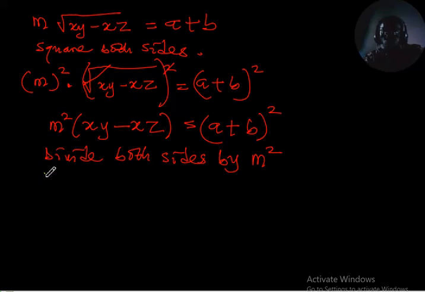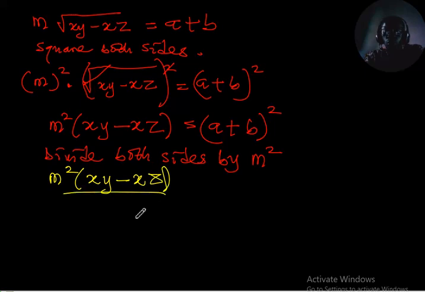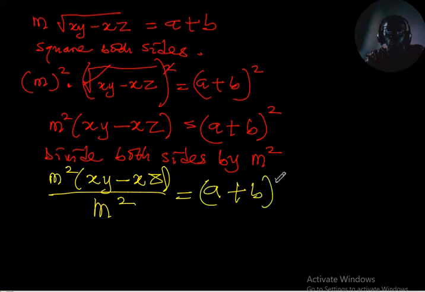So that gives m squared times xy minus xz, divided by m squared, equals a plus b, squared, divided by m squared. m squared cancels m squared here.